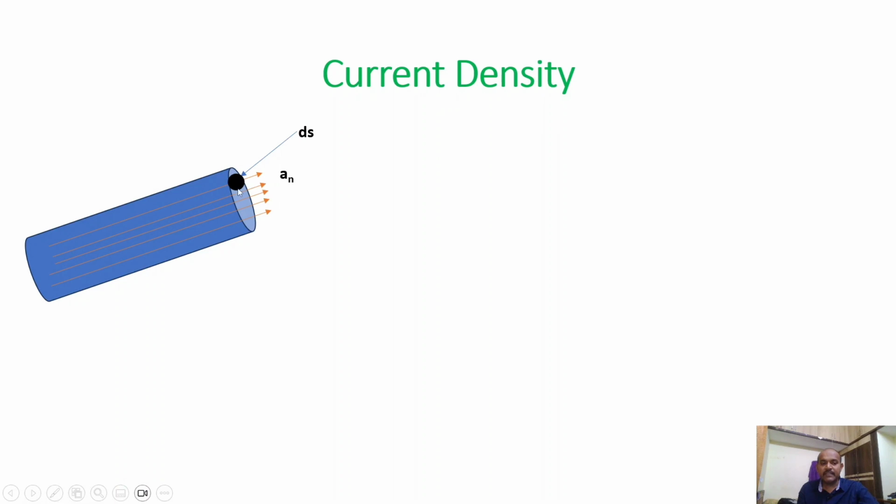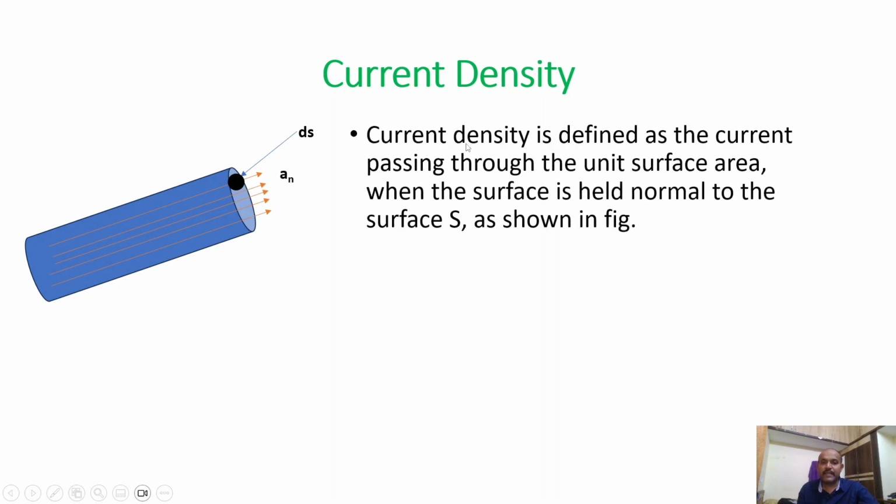The current that is crossing this surface, I call it a current density. I define current density as the current passing through unit surface area. How much current is passed through this surface area? So I call it a current density.